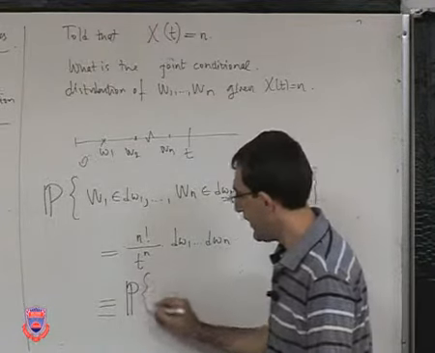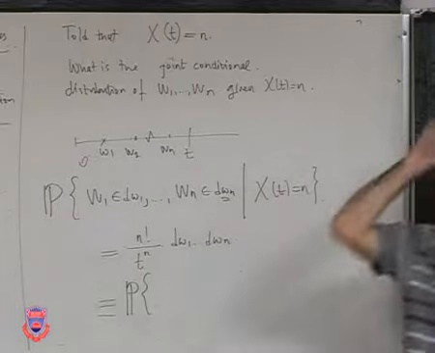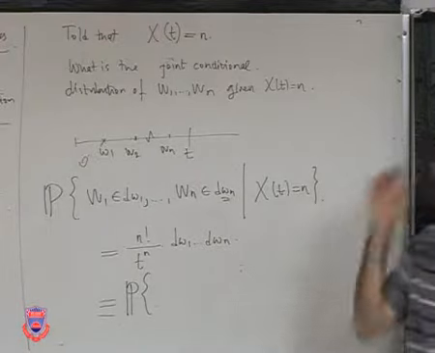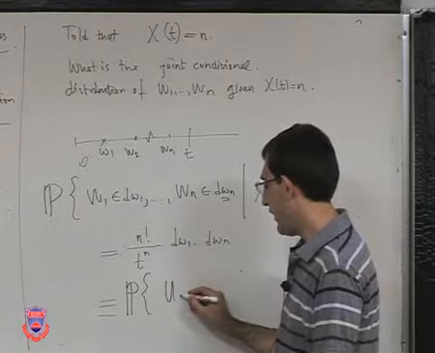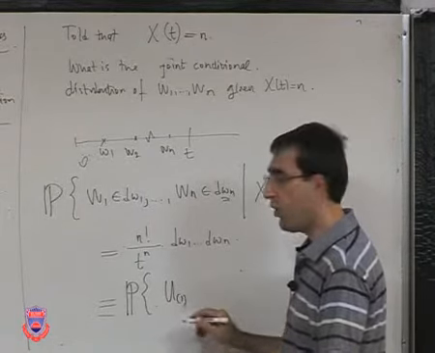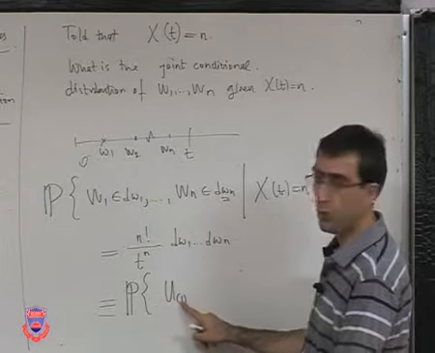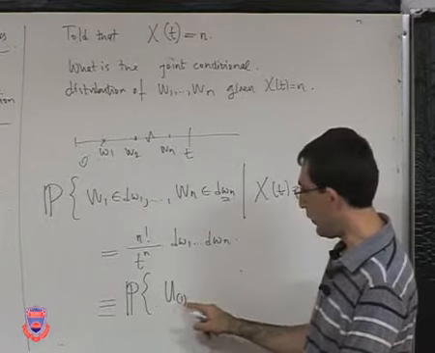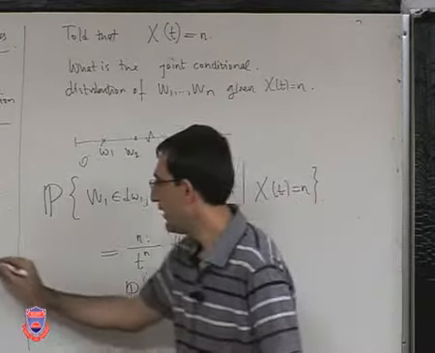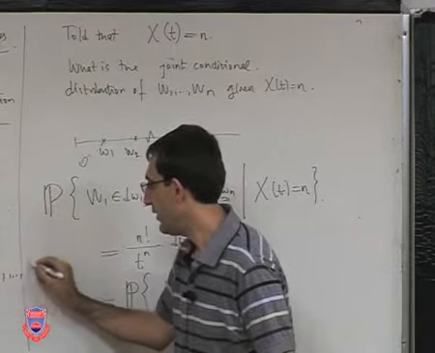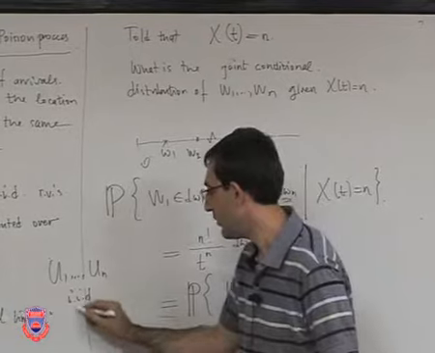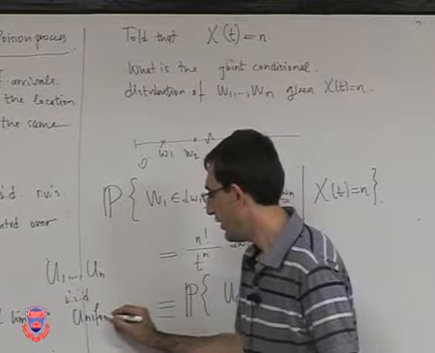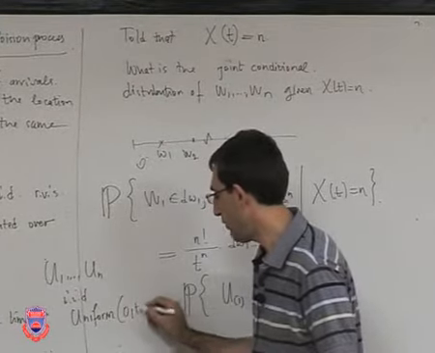And this turns out to be the same as another probability in another problem. Somebody asks you to calculate the probability that the smallest of, now it is not U1, it is U with 1 within parentheses. Suppose that you are given n IID uniformly distributed random variables over the interval from 0 to t.